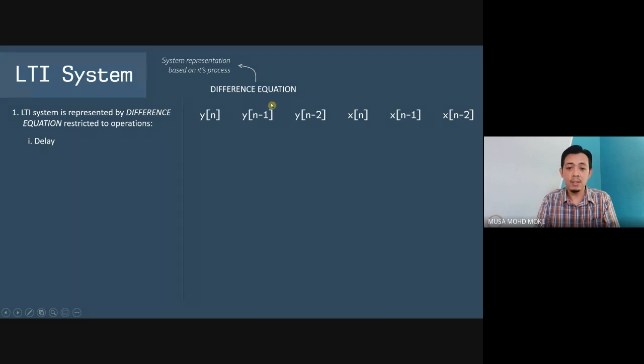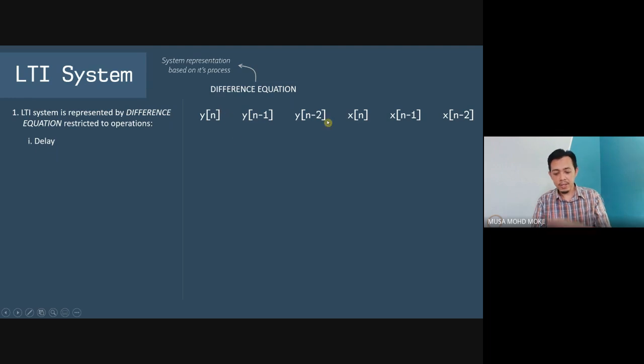If it is called a difference equation, then this is a discrete time LTI system. If it is a continuous time LTI system, we call it a differential equation. So there is a little bit of difference here, from your previous courses.